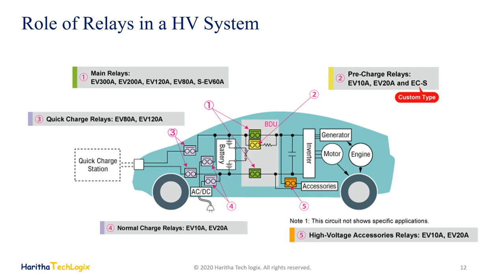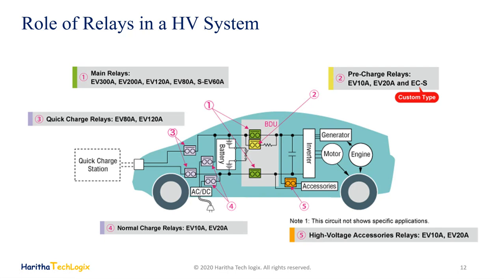A notable difference in this circuit is that there is no ground connection from the negative terminal of the battery, that means the negative terminal of the high voltage battery to the chassis, that is the metal frame of the vehicle, like a conventional vehicle.